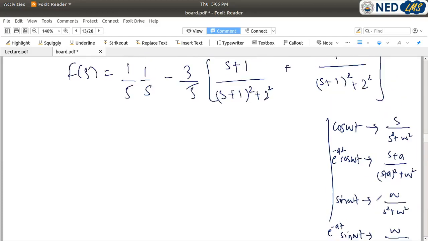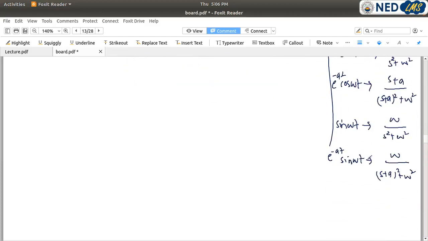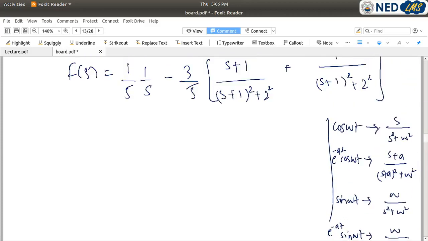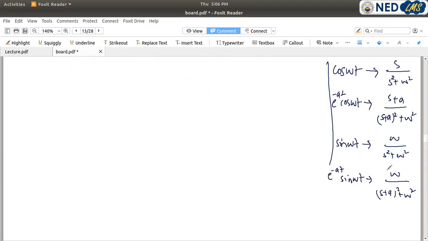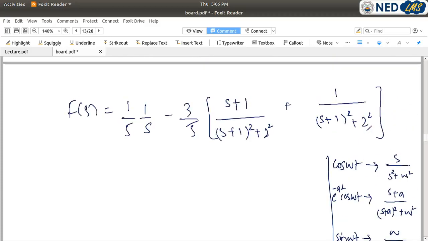So this denominator is the same as the denominator of the cos omega t, but here we have omega, and omega is 2. So what we will do is make the numerator omega by multiplying and dividing the factor by 2.